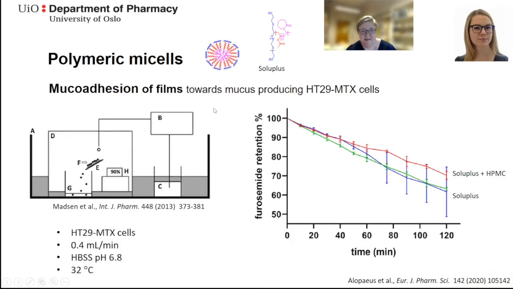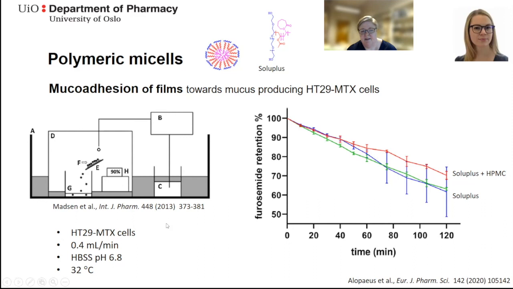And this was also studied in a more oral cavity model that we set up, similar to what I have in Copenhagen, but instead of tissue, we used mucus-producing cells as the matrix. They were mounted in a setup in a humidity box, where we flushed over, simulating the saliva flush over the mucosal surface.